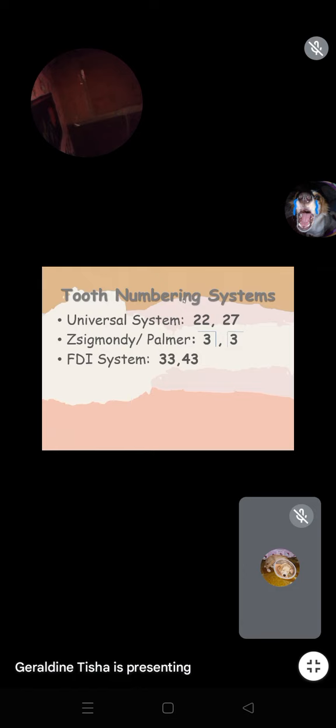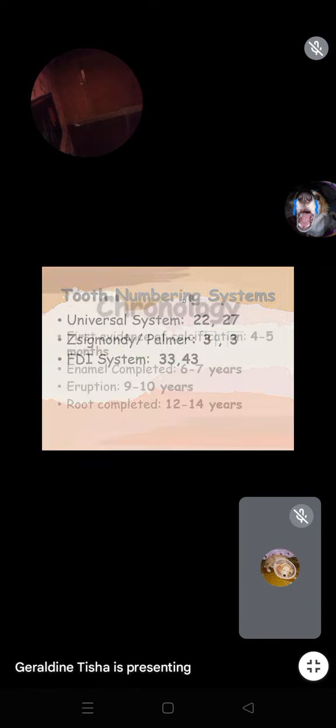So the tooth numbering system in the universal system is 22 and 27 for the mandibular, and the palmar is third quadrant and fourth quadrant. And for the FDI system, 3 and 4.